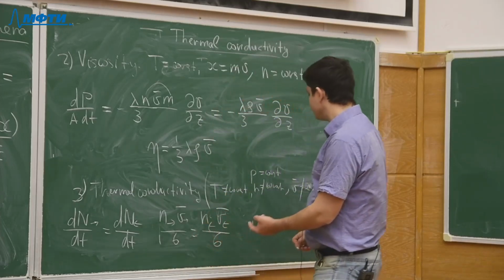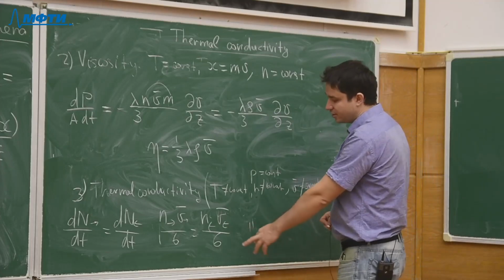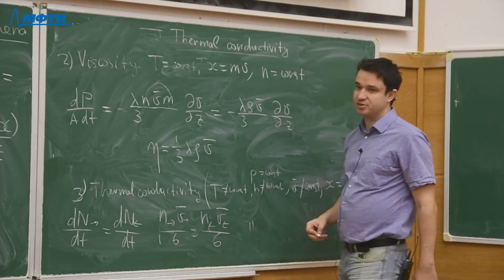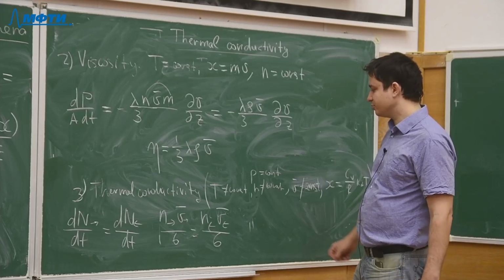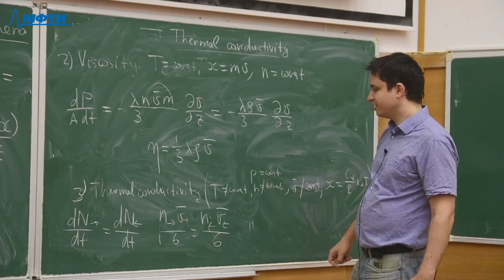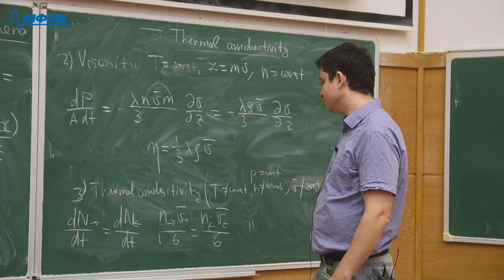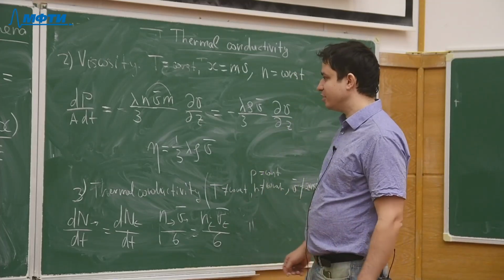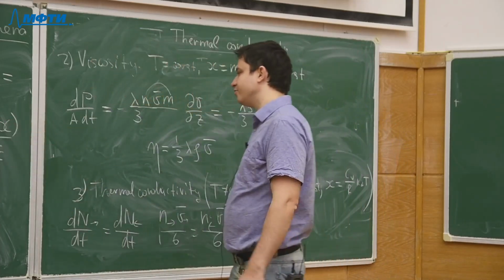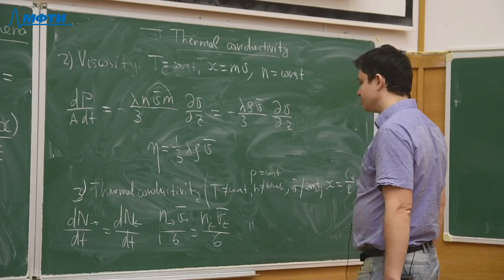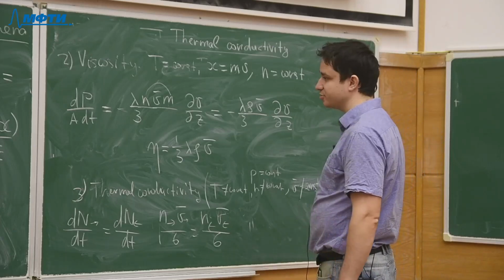So while n and thermal speed are not constants, their product remains constant. Otherwise, it would be impossible to have, first of all, constant pressure, and secondly, a balanced flow of molecules from one side to another. And since we have this balance, we can take the product of n times average V, or mean speed, out of the derivative, and that really helps. It allows us to go around the problem.